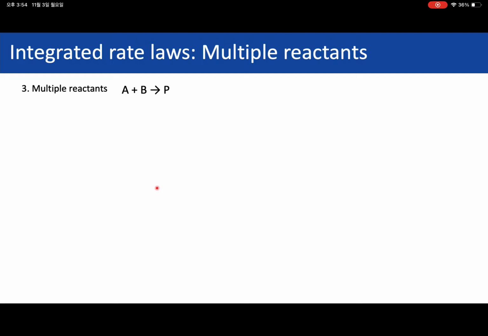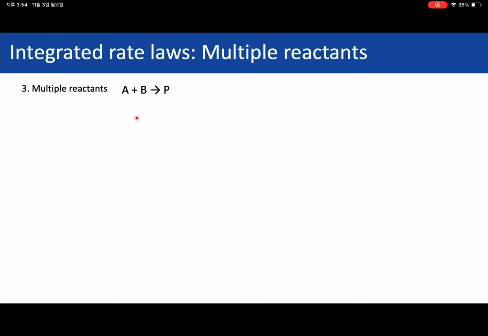So far we have only considered the very simple cases where we have one reactant and one product. But now, how do we deal with multiple reactants?